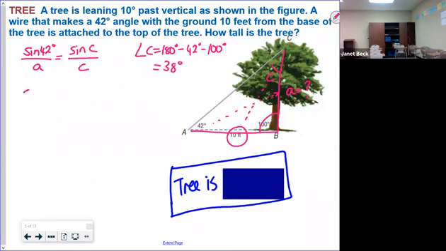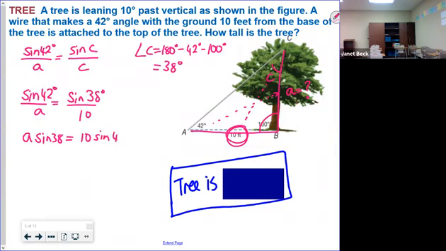So we know that the sine of 42 degrees divided by A equals the sine of 38 degrees divided by side length C, which is 10 feet. Cross multiply and divide. So you get A equals 10 times the sine of 42 divided by the sine of 38.